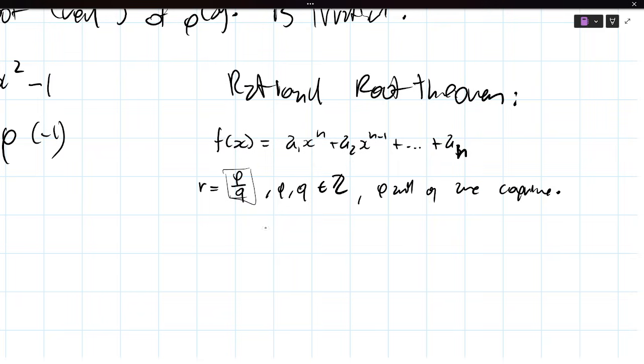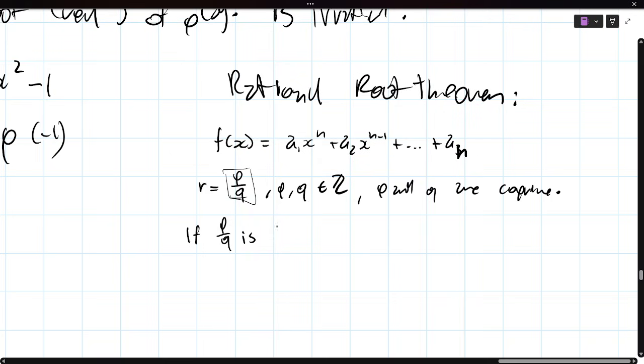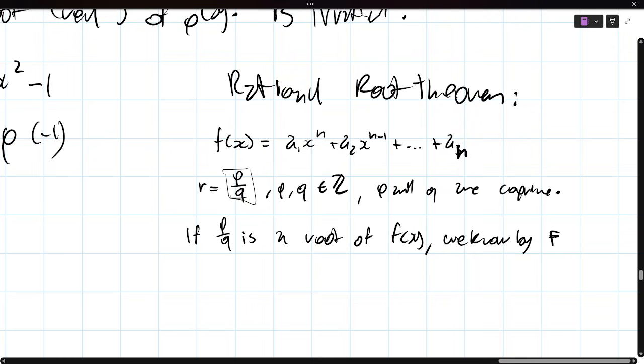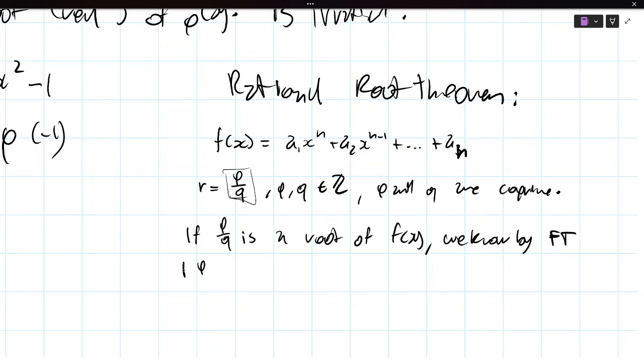Now, if, actually better to go with p over q, is a root of f of x, we know by factor theorem that f of p over q is equal to 0.